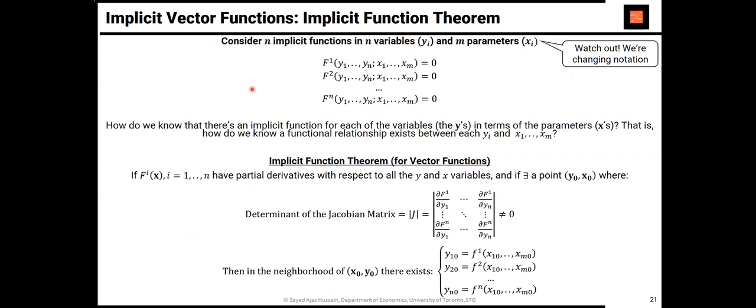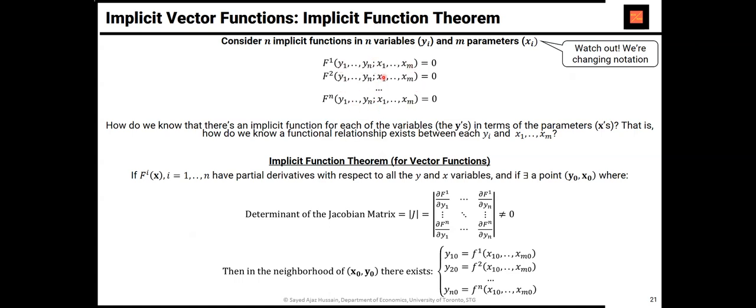We now want to see what's the implicit function theorem for when you have several equations in several variables and now several parameters. Be very careful with changing notation now. You have n implicit functions and n variables. Those are your y's, see? y1 through yn are the variables. Notice there's a semicolon.